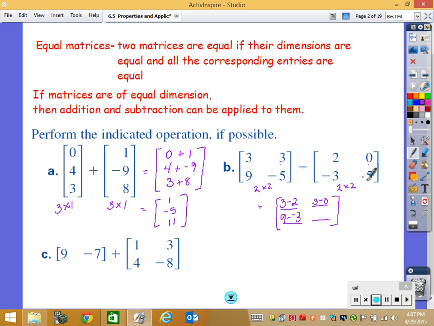Negative 5 minus 5. Gives me a result of 1, 3, 12, negative 10.